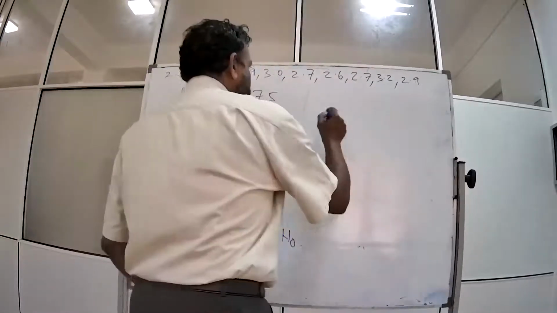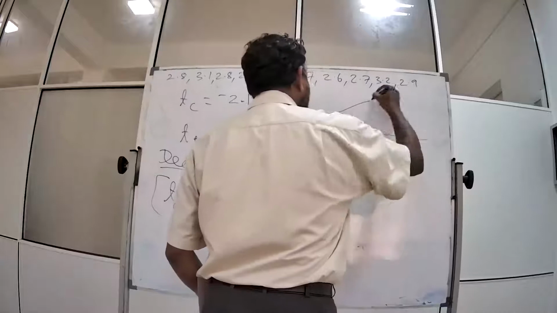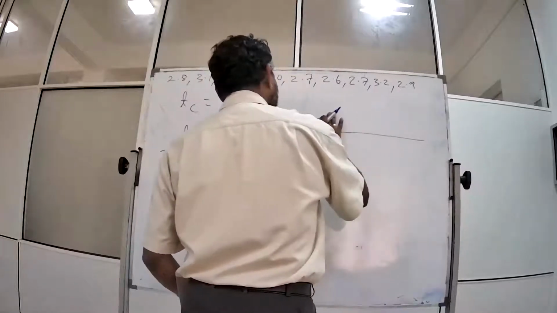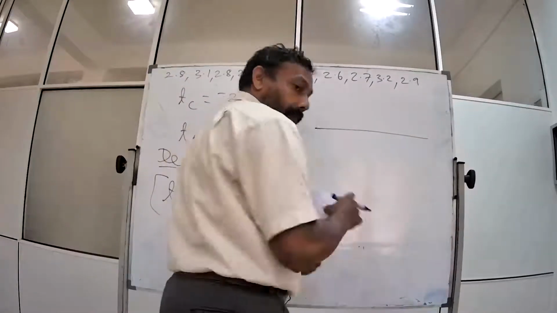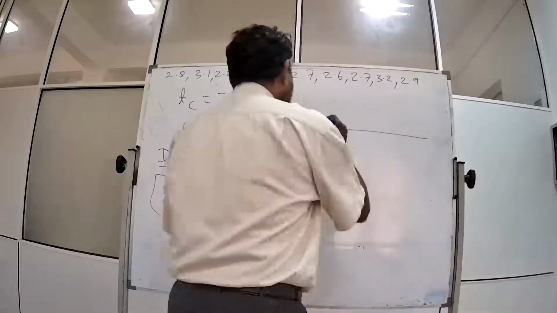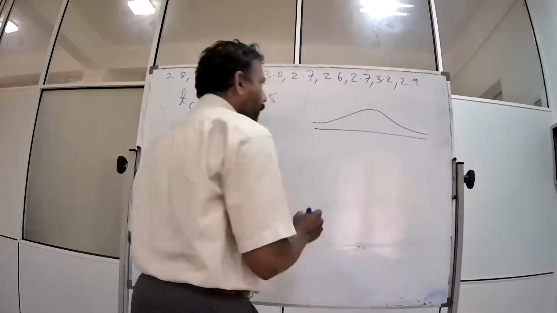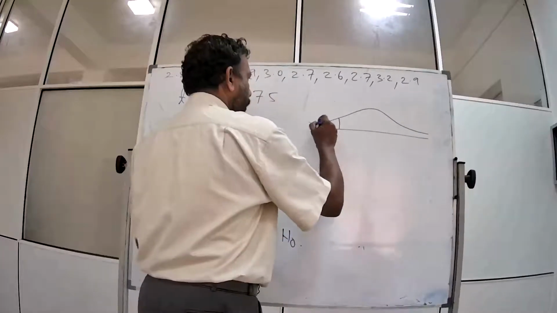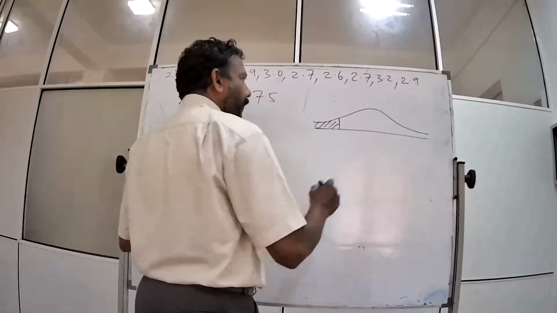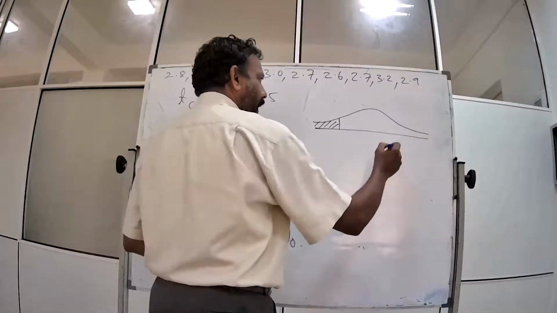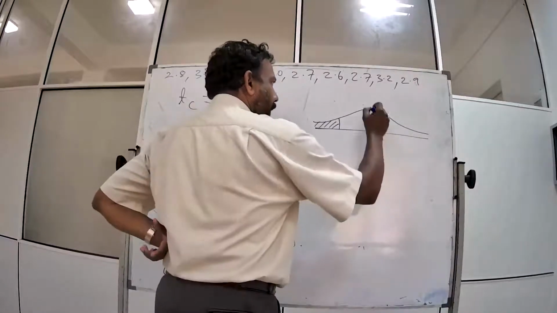Look at this distribution. I'm talking about the T distribution. This is the area with alpha. This is 1 minus alpha.